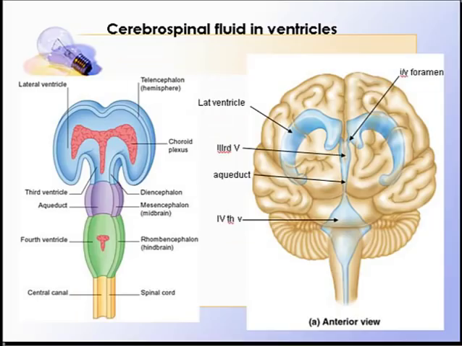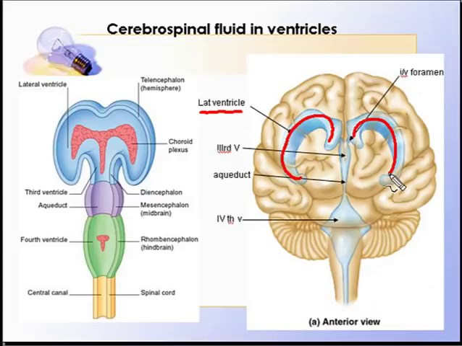Now let's look at this cerebrospinal fluid and the ventricles. Here we have these ventricles, which are cavities present within the brain. You have two lateral ventricles, one in each cerebral hemisphere, and you can see that these lateral ventricles are C-shaped structures.